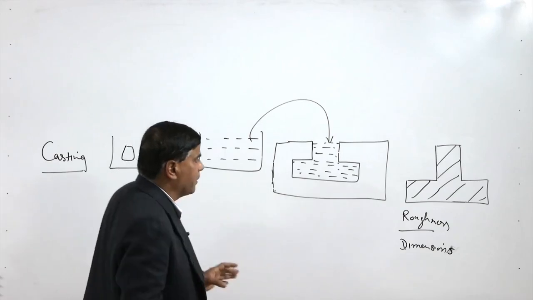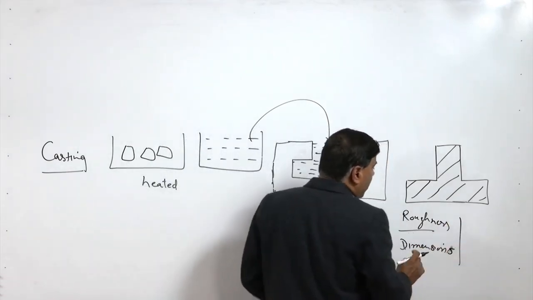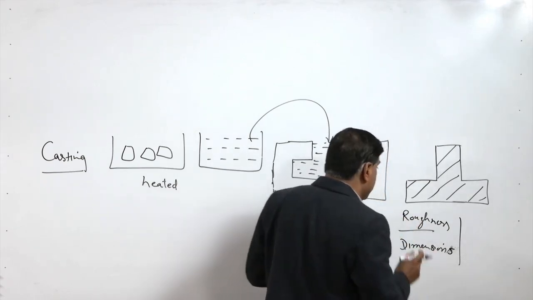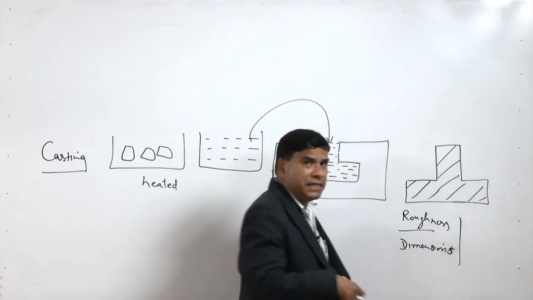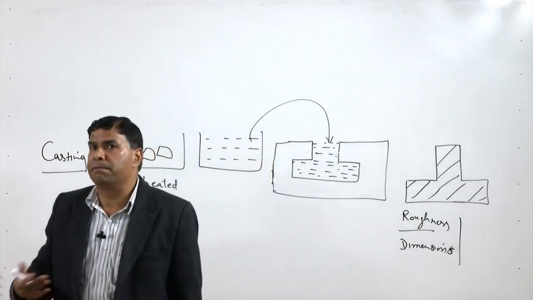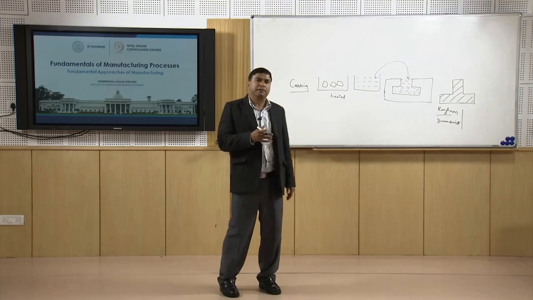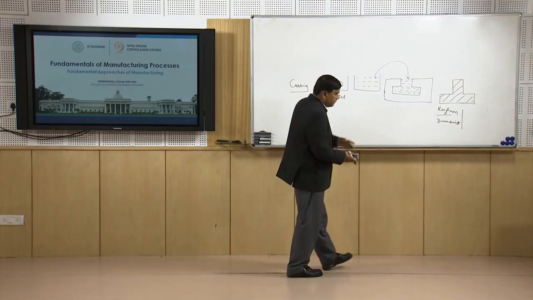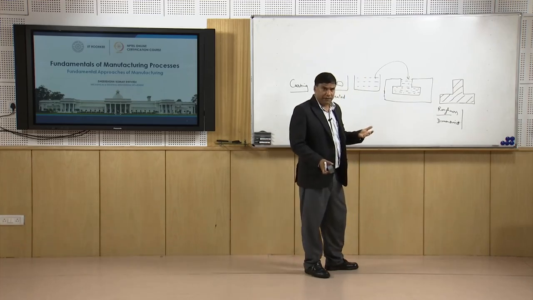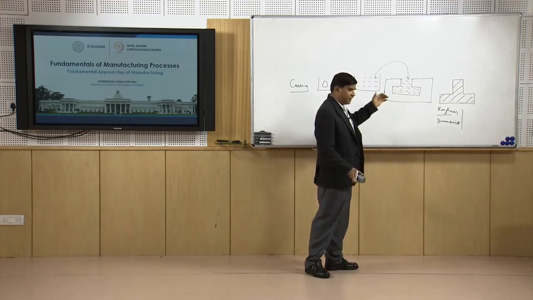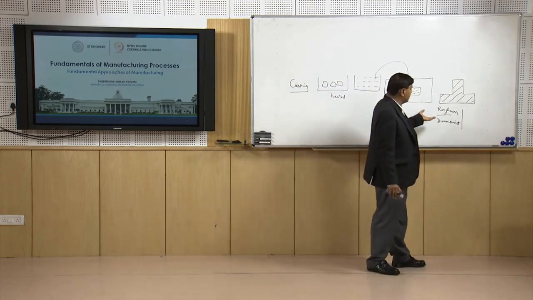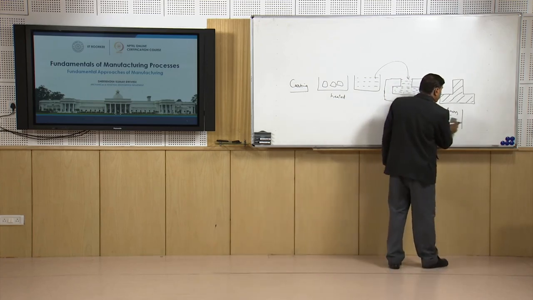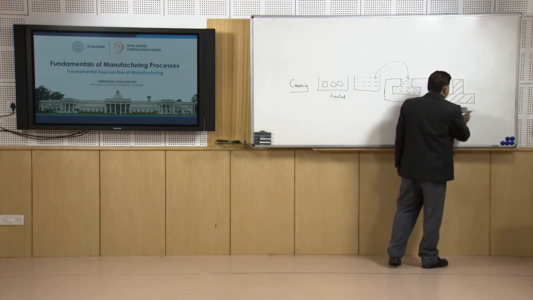We need further processing for achieving the desired finish and dimensions, and for this purpose mostly machining processes, grinding processes or finishing processes are used. So, depending upon the function of the product made by casting, a different degree of control over the dimensions and different surface roughness or surface finish is desired.